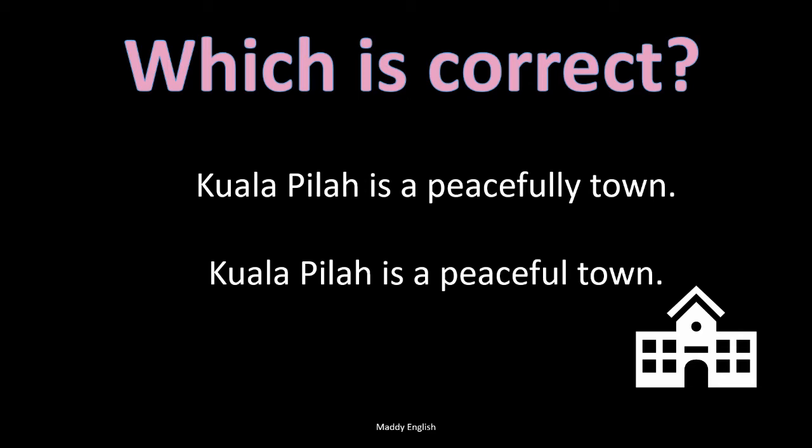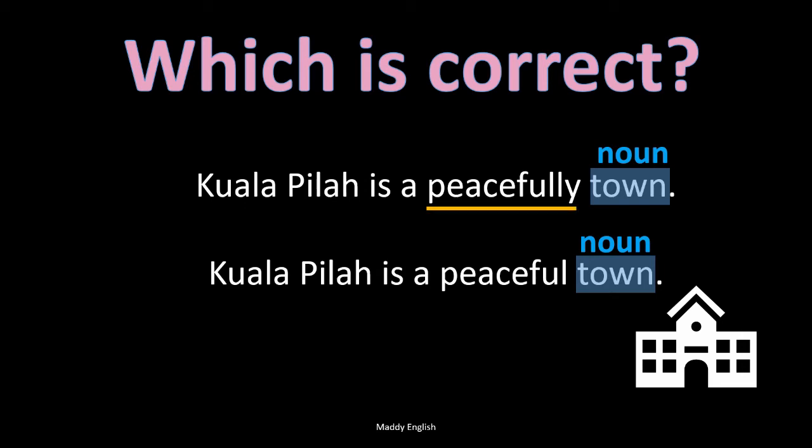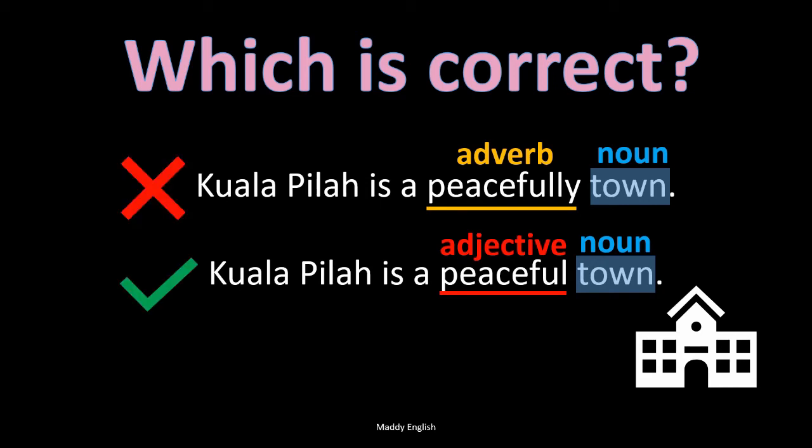In the sentence, we know that Kuala Pila is a town, and the word town is a noun. To describe the condition of the town, an adjective should be used instead of an adverb. So, Kuala Pila is a peaceful town is the correct answer.